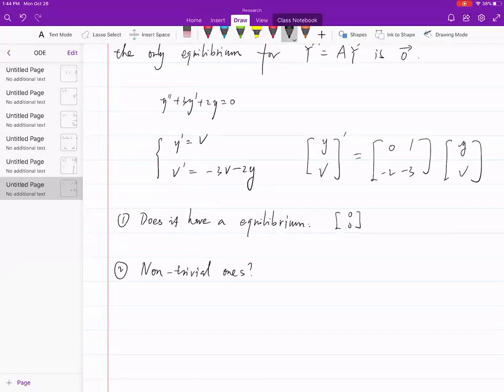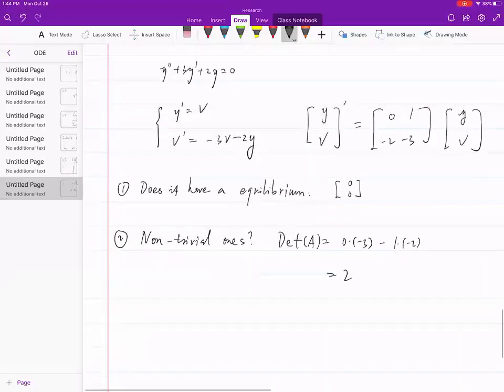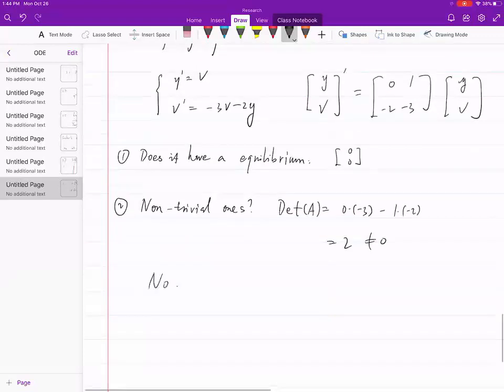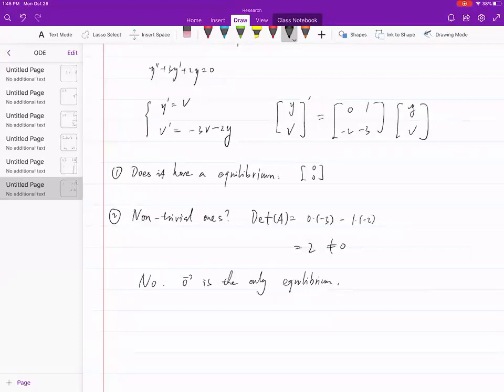Then you just use the theorem and check the determinant of A. What is it? It's positive 2. Is it 0? Not 0. Therefore, no. 0 is the only equilibrium. So don't even bother to find others.